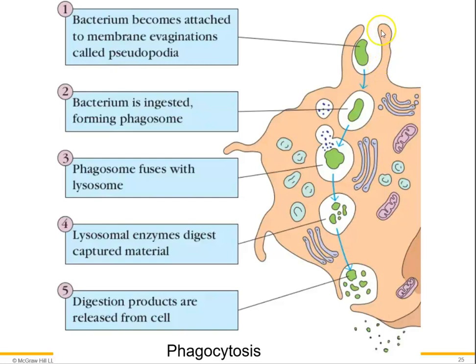These evaginations kind of come together up here and engulf that bacterium, and now we call this a phagosome. You can see a lysosome right here comes in and fuses with the phagosome, forming a phagolysosome. Those enzymes inside of the lysosome digest that bacterium, killing it. And then those digested products are going to be released from the cell.